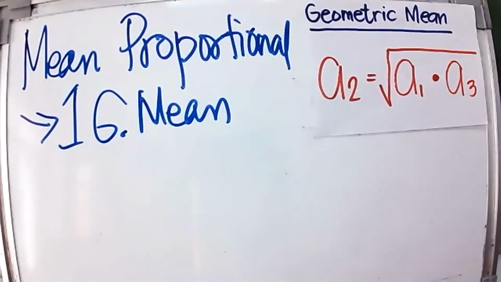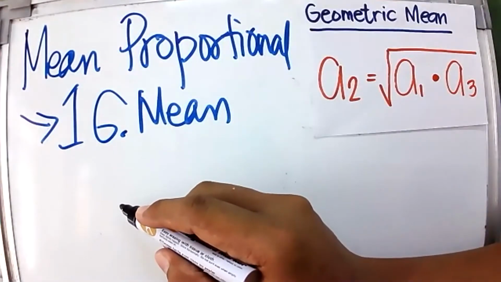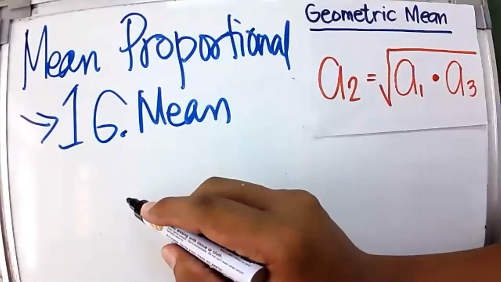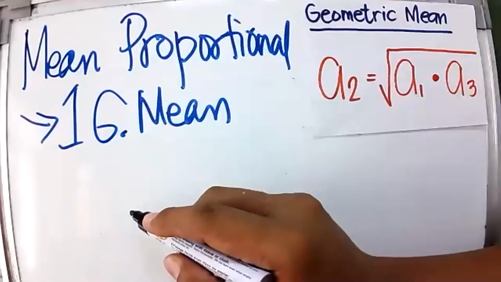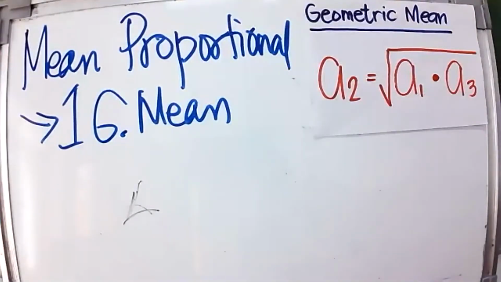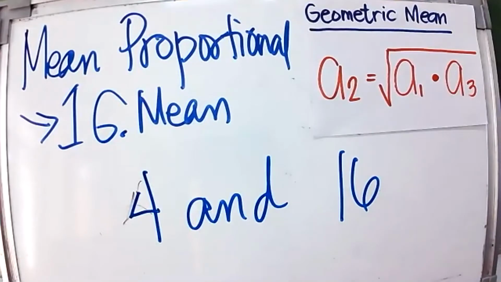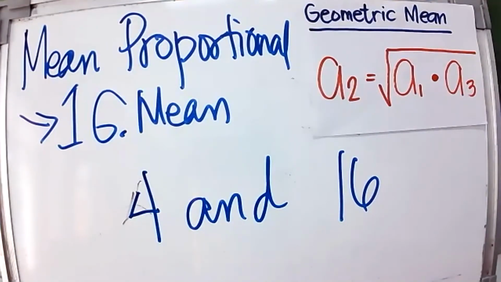Only one. And this is our formula. Ready? Find the geometric mean between 4 and 16. Go. No pressure. It's okay.